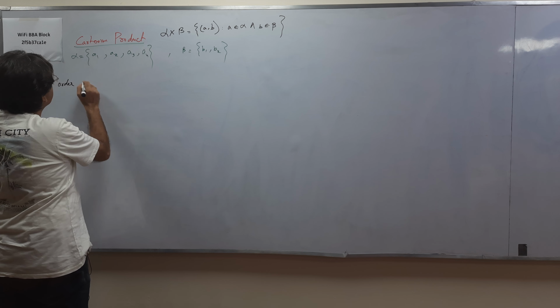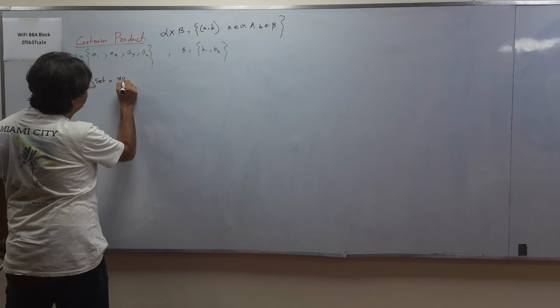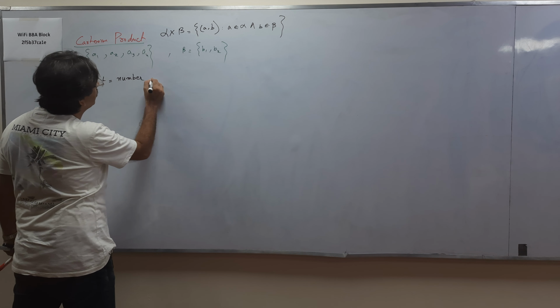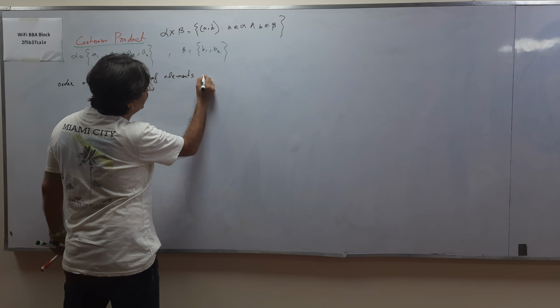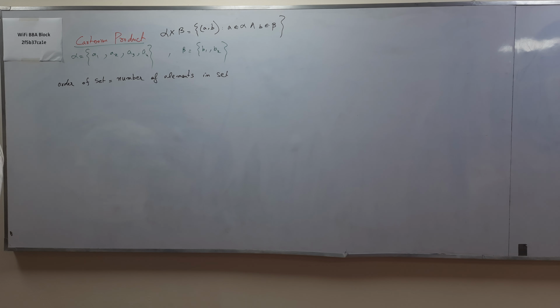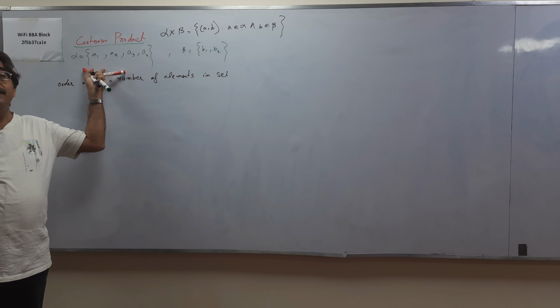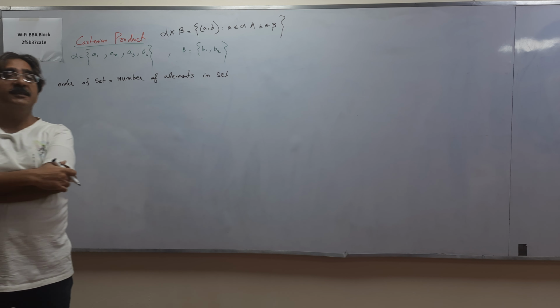The order of a set represents the number of elements in the set. Okay. Order always represents the number of elements. How many elements there are in a set is defined as the order. So what is the order of this set? Yes, Umar, what is the order of this set?